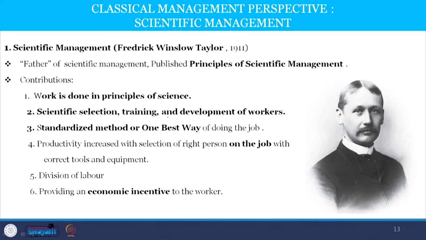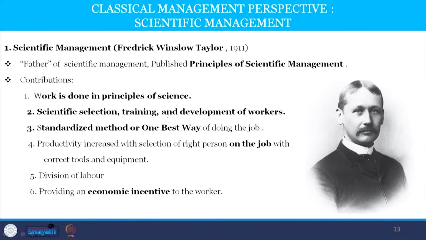Scientific selection of workers: workers need not be given tasks as per the convenience of managers. There should be a proper method of selection, training and development of workers. Standardization methods are to be used, with emphasis on one best method of doing the job. Productivity increased with selection of the right person for the job with correct tools and equipment.